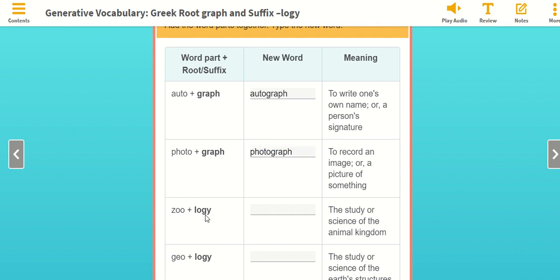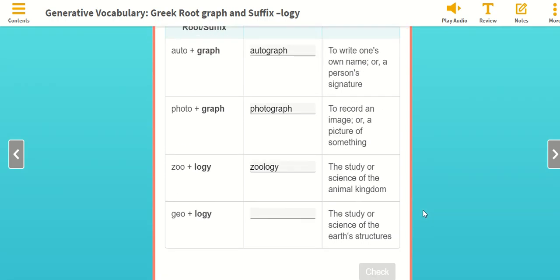Here we have zoo plus logy. If we put those together, we get zoology, which is the study or science of the animal kingdom. Logy means the study of, and zoo deals with animals, so this must mean the studying of animals or the animal kingdom.